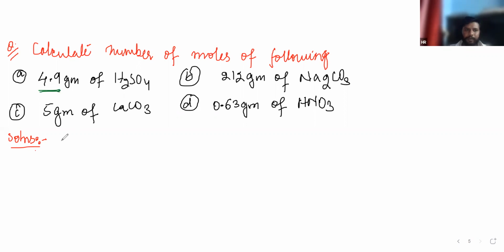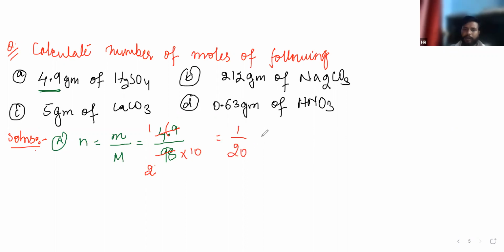Just see. Number of moles is equal to given mass, denoted by a small m, and molar mass, denoted by capital M. 4.9 gram divided by molar mass, which is 98. If we remove the decimal, 10 will be divided, and it will be 49 divided by 98. Then you will get 1 by 20, and it will be equal to 0.05 moles.